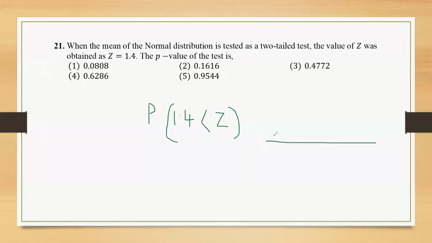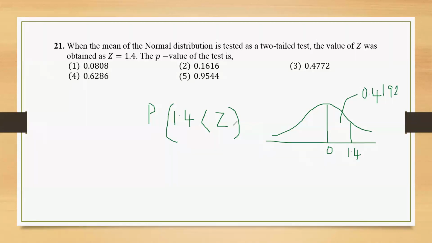If we consider the z distribution, in the middle 0, then 1.4 is here. If you find the probability value corresponding to the z value 1.4 in your z table, you may have 0.4192.